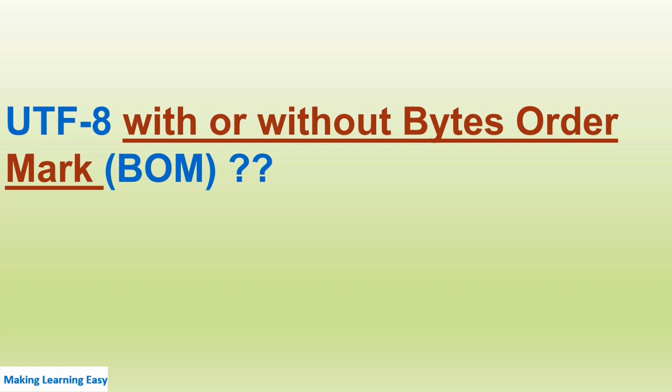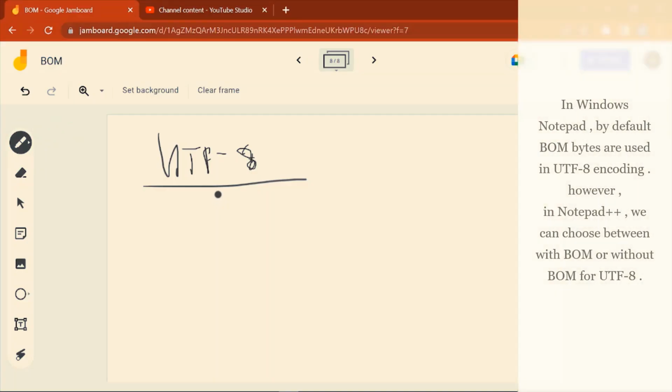However, in UTF-8, there is a possibility that you could use UTF-8 without BOM, or if you want, you can also use UTF-8 with BOM. So let's see that. You can encode the file with BOM or without BOM.